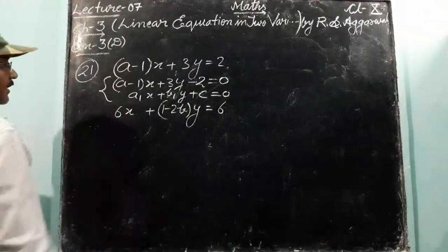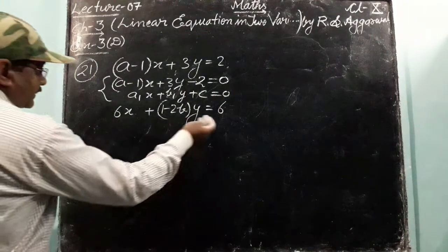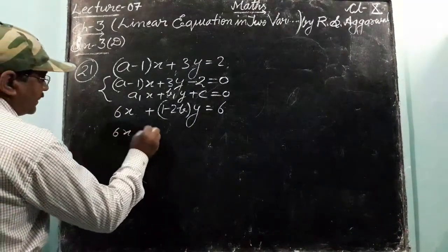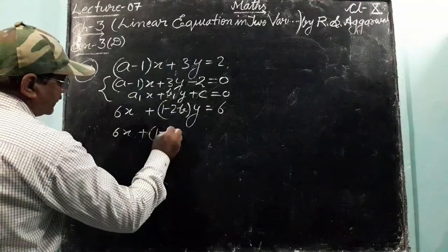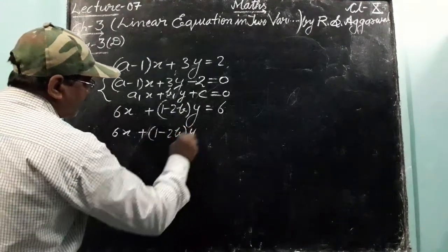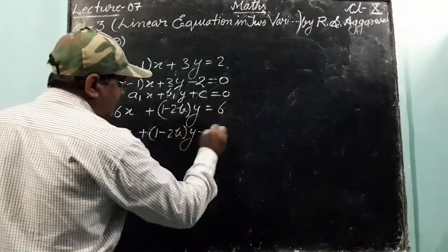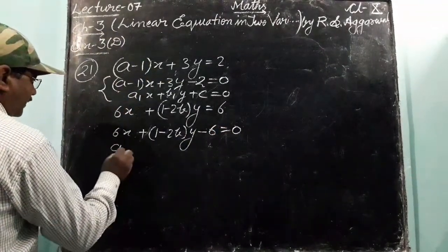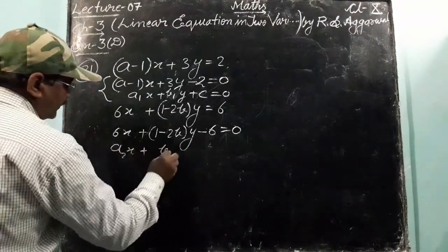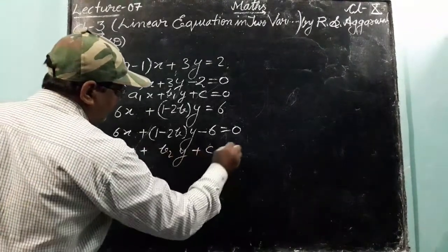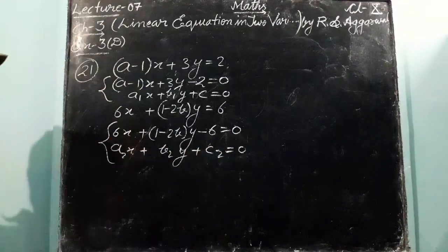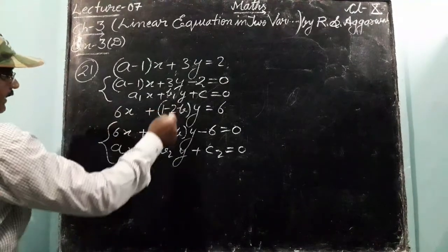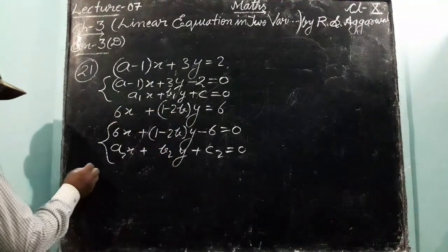Now we will compare with this. Clear? We will put this one also in the same form. So then 6x plus, in brackets, 1 minus 2b times y, and transposing 6 gives minus 6, is equal to 0. It will also be a2x plus b2y plus c2 is equal to 0. In this way you will find the values of a1 and a2, b1 and b2 by comparing.